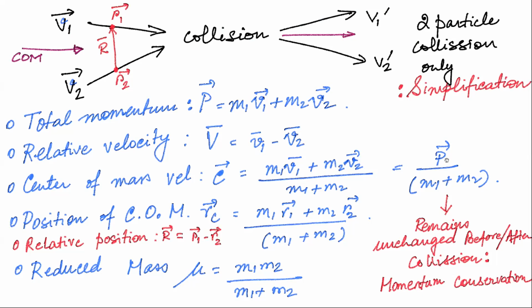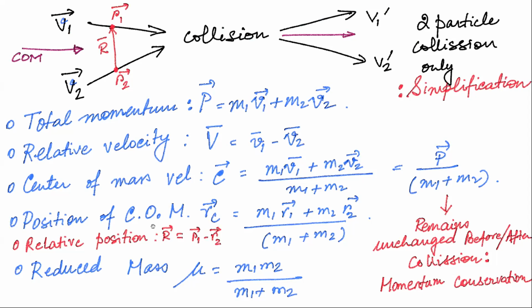And since momentum remains unchanged during the collision, the center of mass velocity remains unchanged before and after the collision. It's a consequence of momentum conservation, of course.